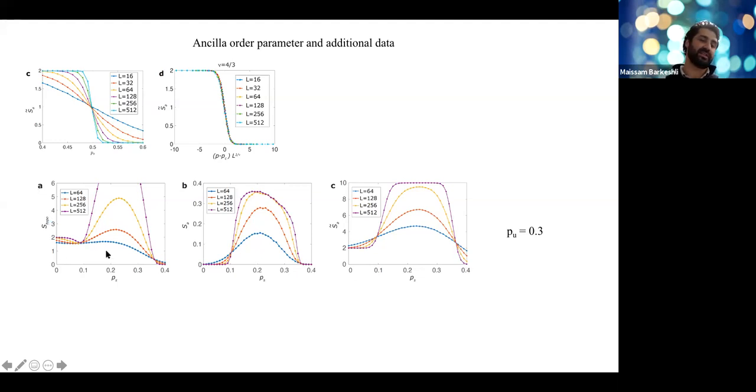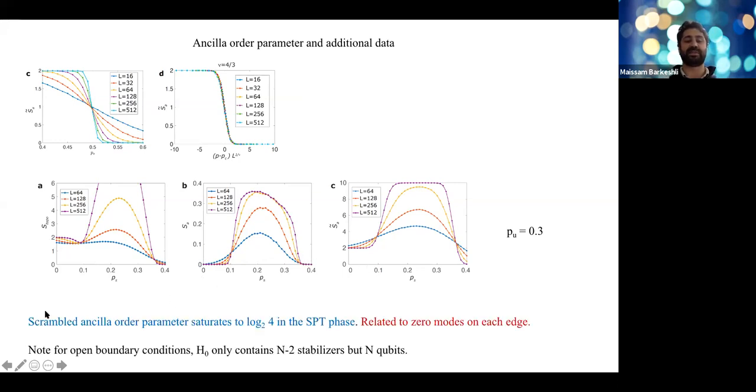So this plot is of the same thing, but for the topological entanglement entropy. And the middle one is for this unscrambled ancilla, which cannot distinguish the topological and the trivial phases. The reason is that the scrambled ancilla order parameter is saturating to log base 2 of 4. And this is related to the fact that you have zero modes on each edge for the SPT.